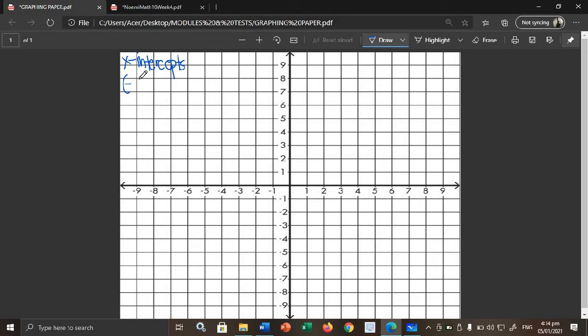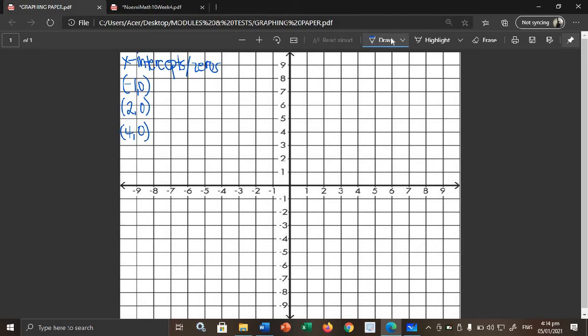Madami sila. So, negative 1 and then 0. We have 2 and then 0. We have 4. I'm so sorry if my handwriting is not so good. Ayan yung x-intercept or yung zeros ng polynomial function natin.